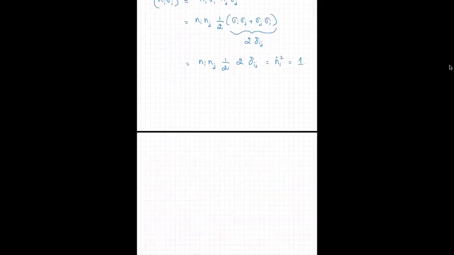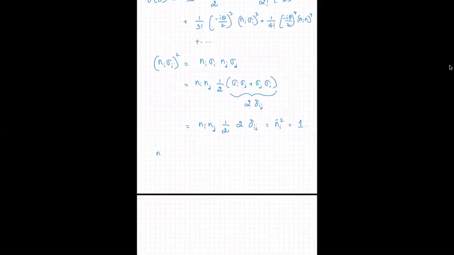Similarly, we can show that, for example, (n_i sigma_i) cubed can be written as (n_i sigma_i) squared times n_i sigma_i, and (n_i sigma_i) squared is just 1. So this is just n_i sigma_i. So any odd power of n_i sigma_i is just n_i sigma_i, and any even power of n_i sigma_i is just 1.